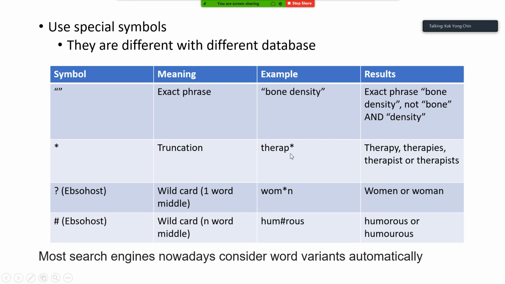This is called truncation. So if I'm not sure, I want osteoclast or osteoporosis, osteoarthritis, osteoblast, or something osteo, I'm not sure, I'll put osteo star. So it will search every word that starts with osteo.